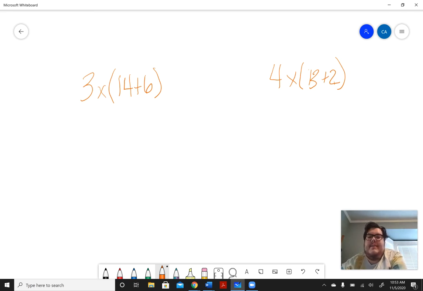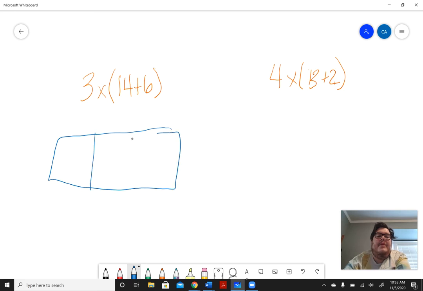We're going to have to compare these, and this is where our visual models are really going to help us. So let's draw out this visual model. 3 times the sum of 14 and 6 means I'm going to have 3 groups of 14 plus 6. So in my tape diagram, I have my 3 groups.